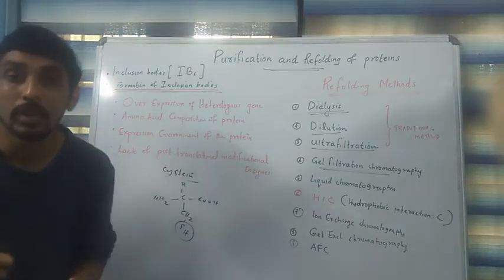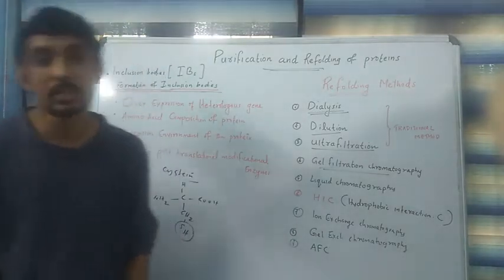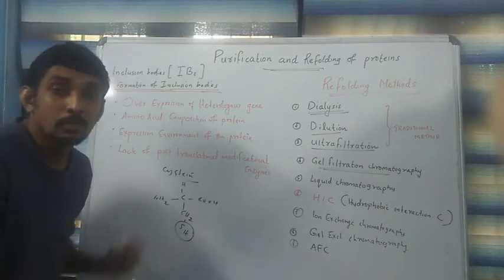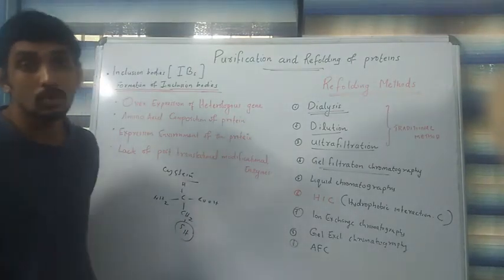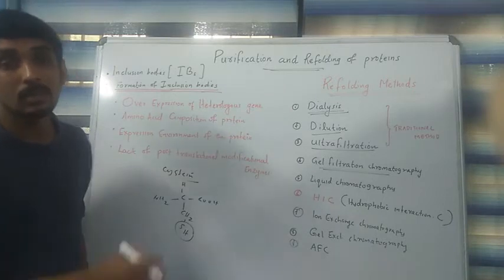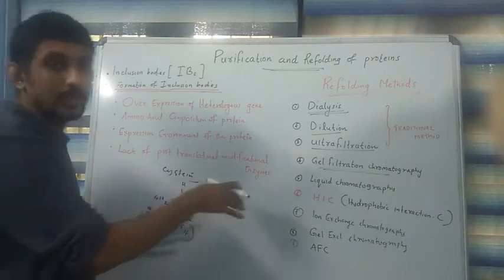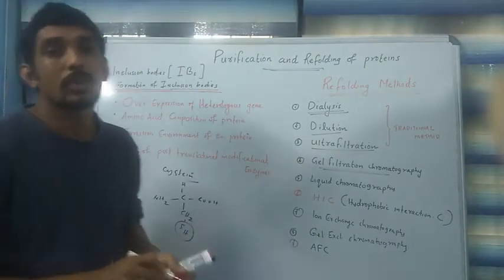That leads to the formation of covalent bonding, phosphorylation, glycosylation, something like that. So lack of such post-translational modification enzymes also enhances the rate of inclusion body formation. These are a few factors that enhance inclusion body formation in the case of recombinant proteins.